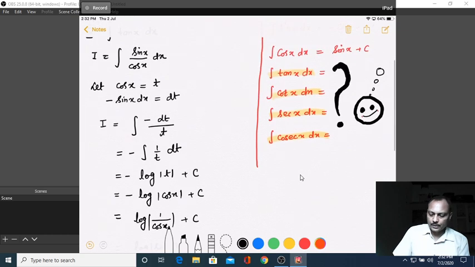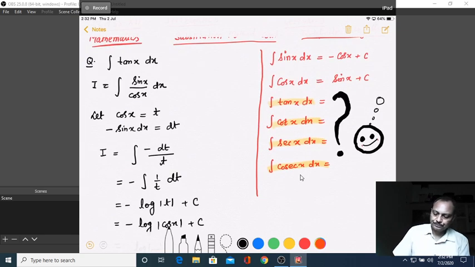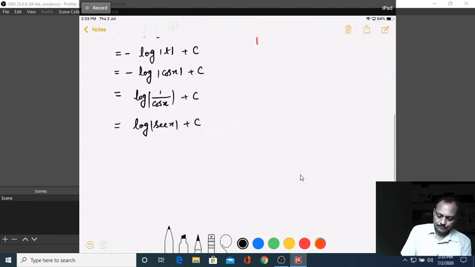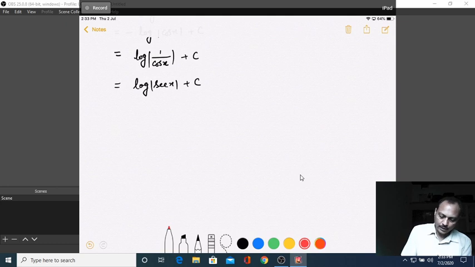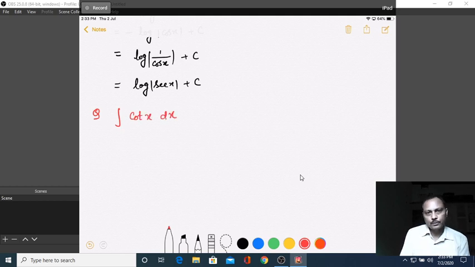So by the substitution method we can obtain the formula of integration for tan x, cot x, sec x, and cosec x. I am taking the second function, that is cot x, integration of cot x. As we have obtained the formula for tan x, in the same way cot x can be written as cos x divided by sin x.